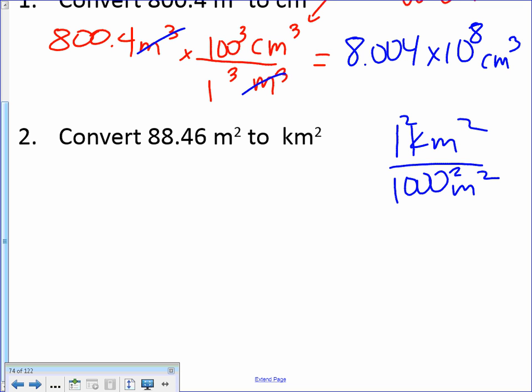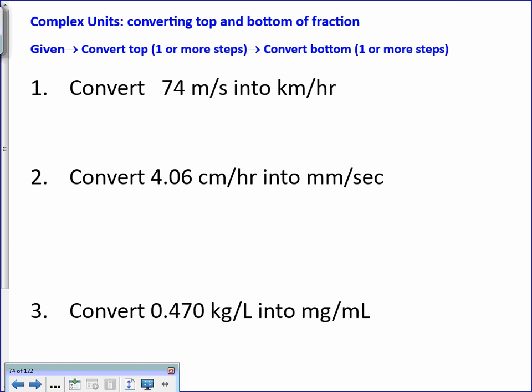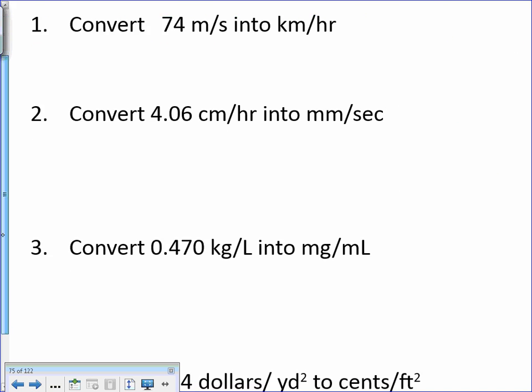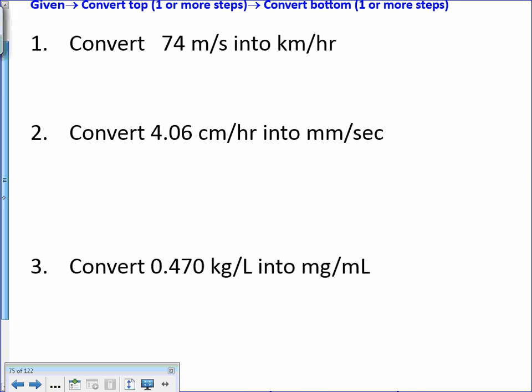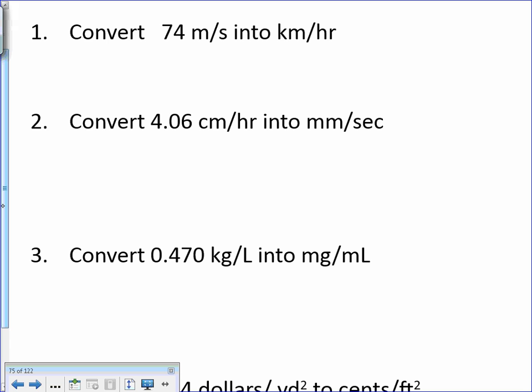Okay. Let's do one more type. They're not bad, but they involve changing the numerator and then changing the denominator. I'm going to go with converting number 2, okay? So we're starting in centimeters per hour, and we're going to millimeters per second. So starting off, write it as a fraction.